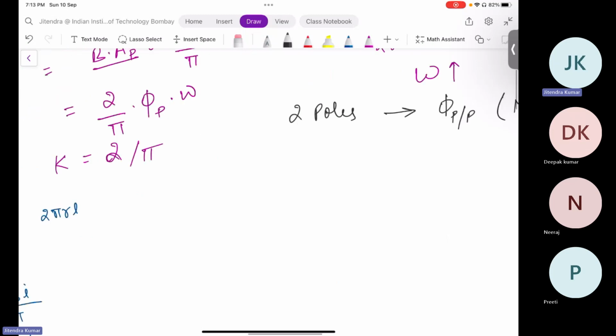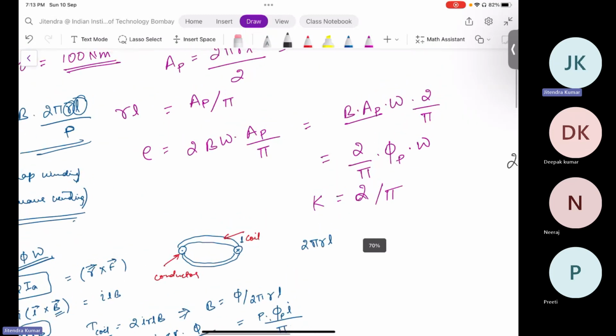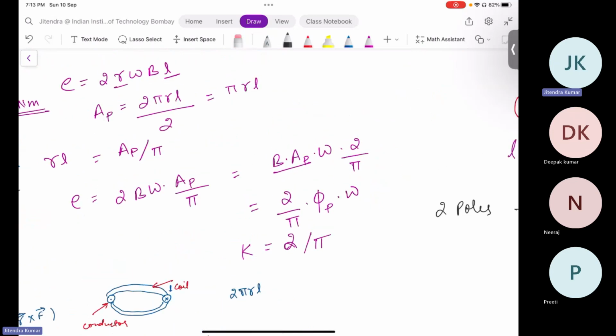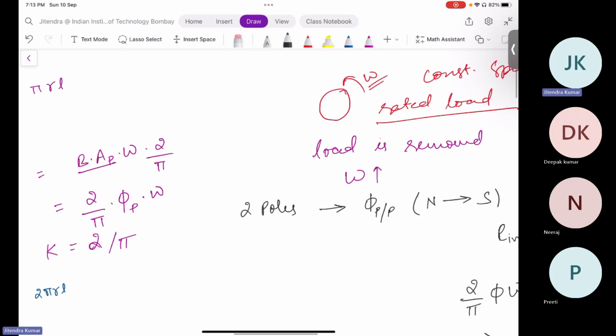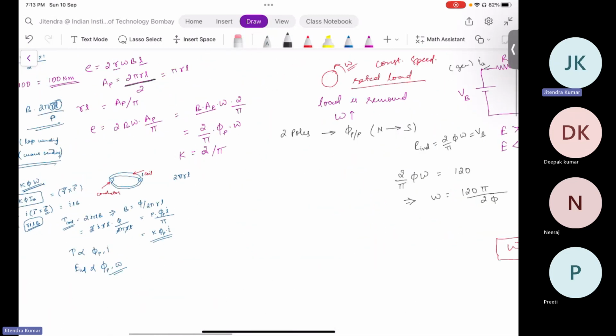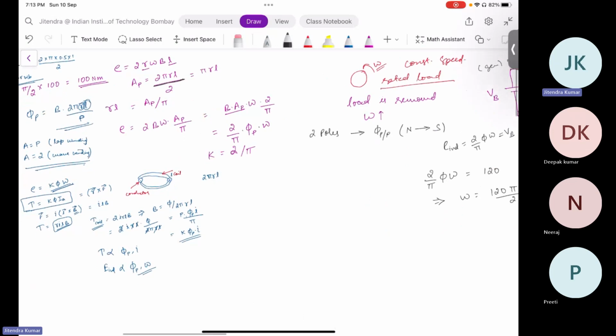So here I divided the area by two. In area, I included that factor of two division. But as you go ahead with a higher number of poles, you have to take care of this. We will solve the problem for higher number of poles as well, so it will be clear.